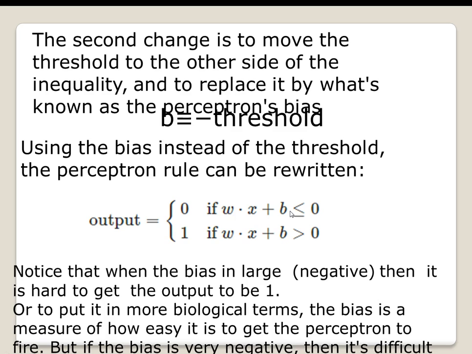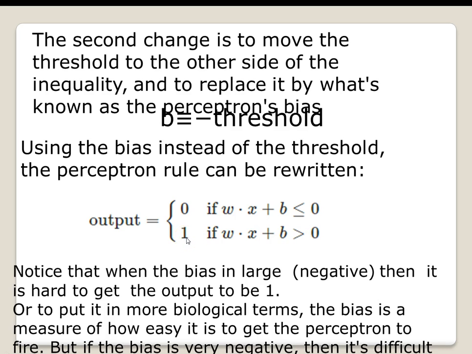Notice when the bias is large and negative, let's suppose this bias is a very large negative number, say negative 100. Then what are the chances that the whole thing is going to be greater than 0? Going to be small, right? So it's going to make it harder to be greater than 0, harder to get an output of 1.